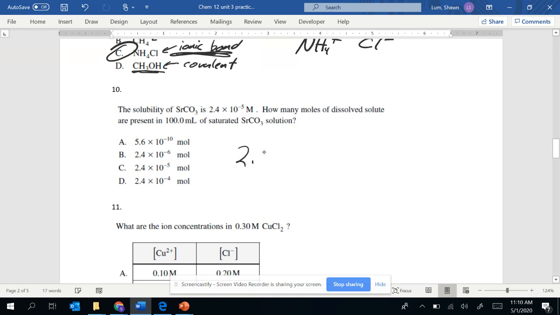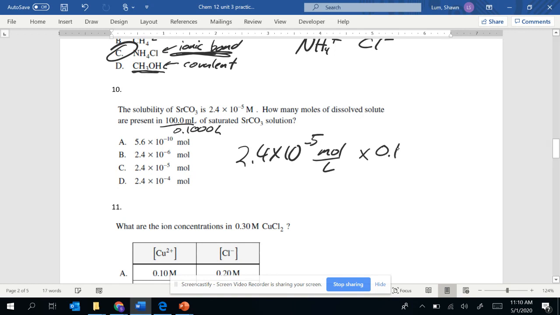So 2.4 times 10 to the minus 5 moles per liter, and I'm going to multiply this by our liters, which is 100 mL, or in other words, 0.1000 liters.